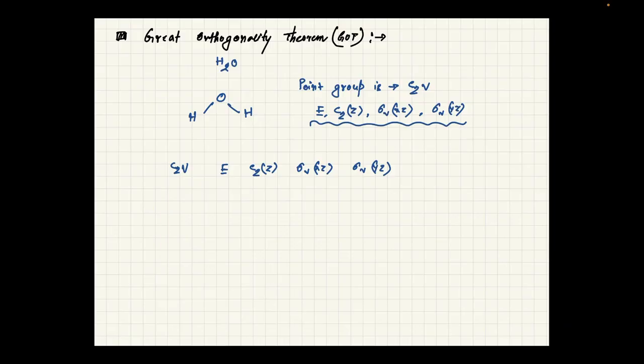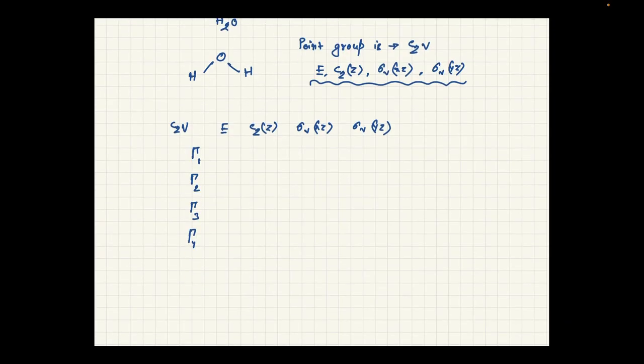So there will be 4 classes E, C2z, sigma v xz, and sigma v yz, and there will be 4 irreducible representations here. So let's call them gamma 1, gamma 2, gamma 3, and gamma 4. Capital gamma represents an irreducible representation.